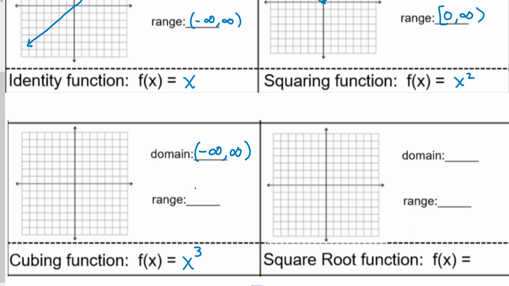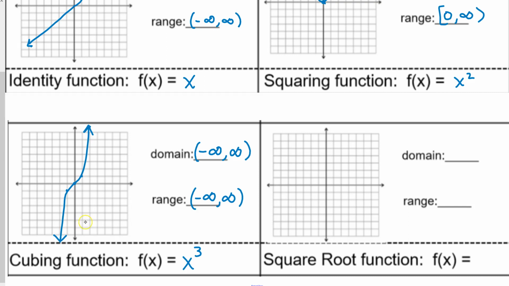When you cube 0, you get 0. The range is going to be negative infinity to infinity. We could plot some points like 0, 0, 1, 1, because 1 cubed is 1, 2, 8, 2 cubed is 8, negative 1, negative 1, negative 2, negative 8. We end up with this curve that looks kind of like this. Okay, it's not straight and pointy, it's nice and curvy and smooth.